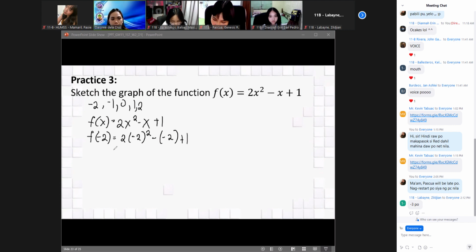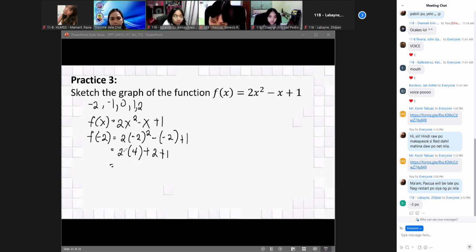Okay? Then, simplify. So, first, unahin lang muna natin yung mayroong mga parentheses. So, copy lang si 2 and then -2 squared. What is the answer? -2 squared. 4 po. Okay, so we have 4 and then negative times -2. Positive po. So, positive 2 plus 1.